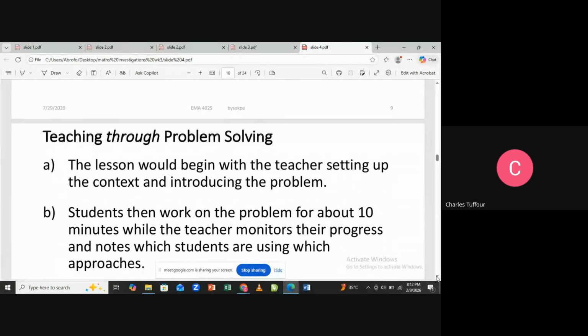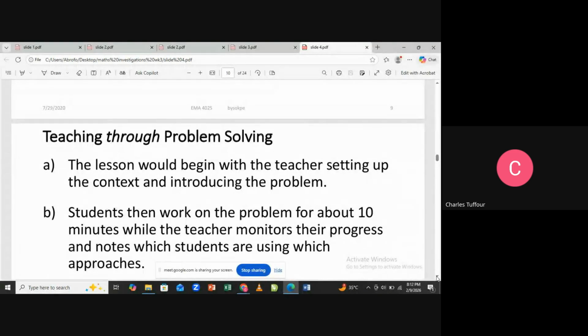Here, the teacher does not introduce a formula or a pattern or a guideline to deduce the formula, but rather introduces the problem. So the moment you see a teacher starting a lesson by introducing the problem, that teacher is teaching through problem solving. Objective, grab it once and for all.